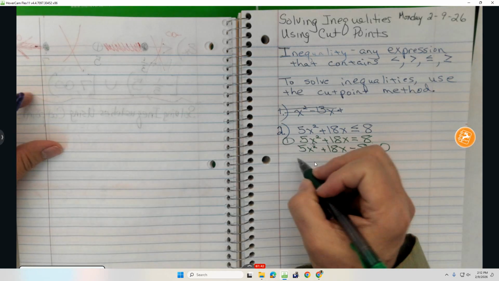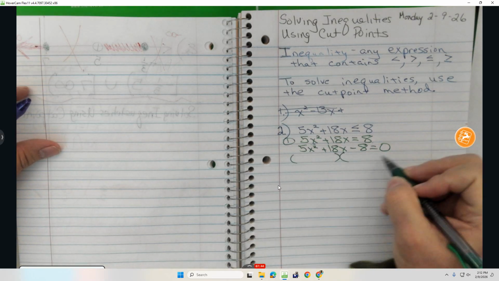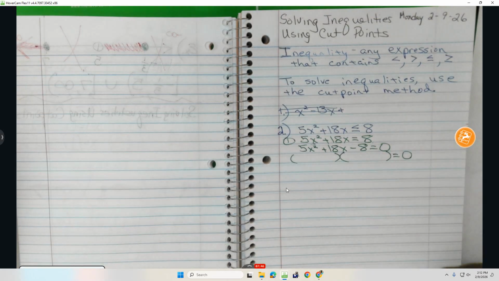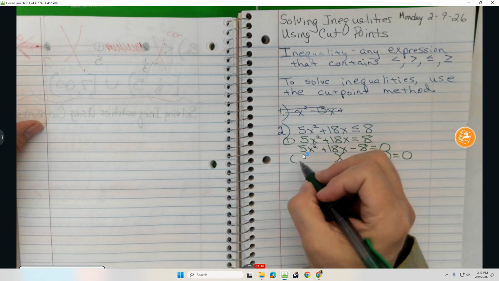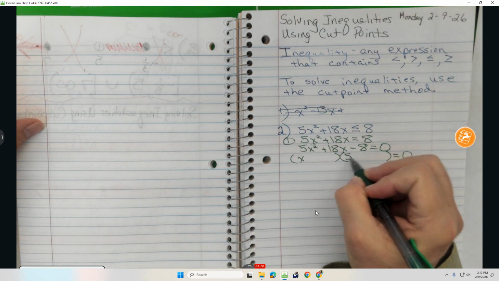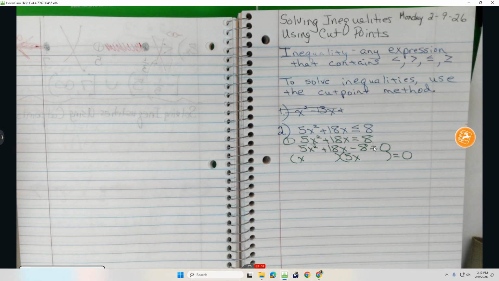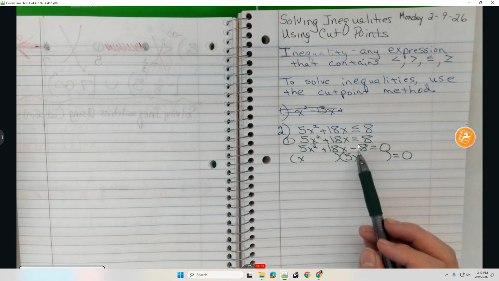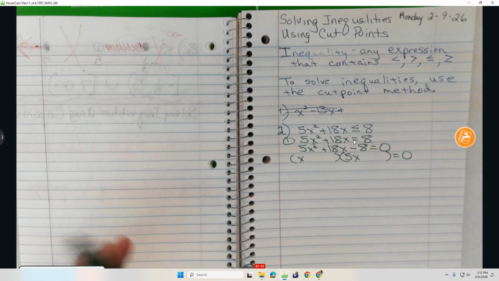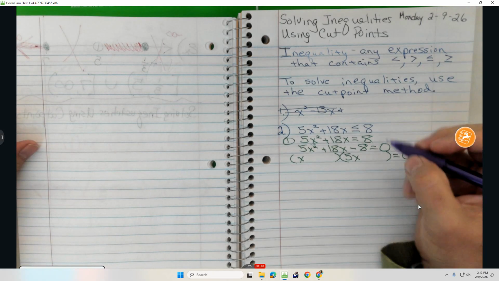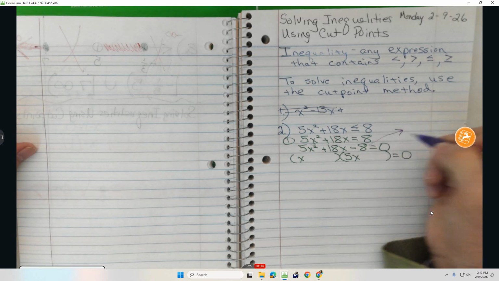I'll write my 2 sets of parentheses. 5x squared, the only possibility is a 1x and a 5x. What do we know about the signs? That last sign's a minus, so we have 1 of each sign, 1 plus, 1 minus. Now for 8, what times what equals 8?